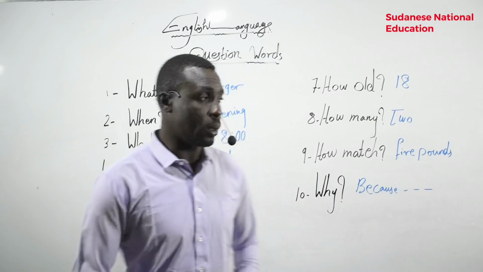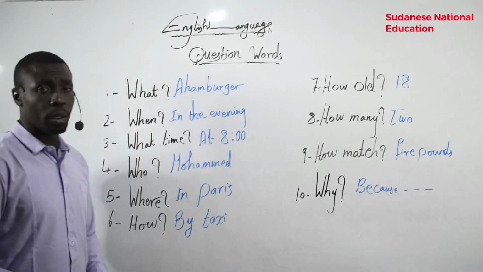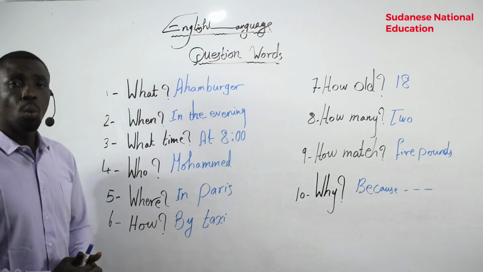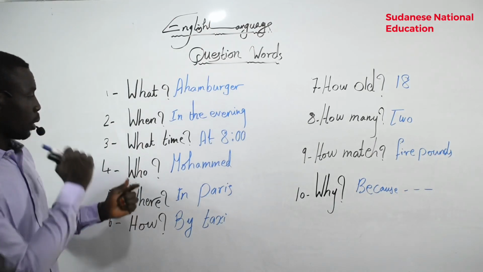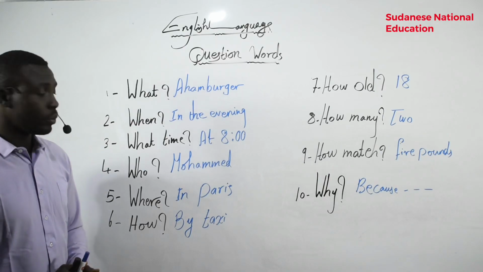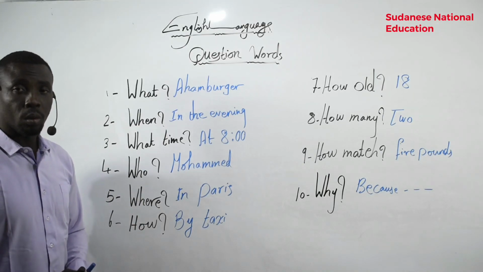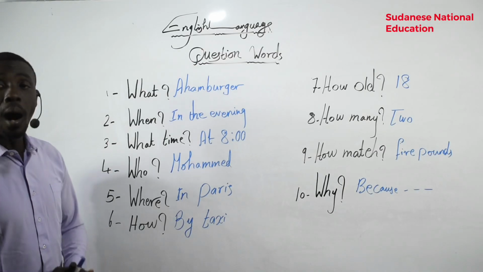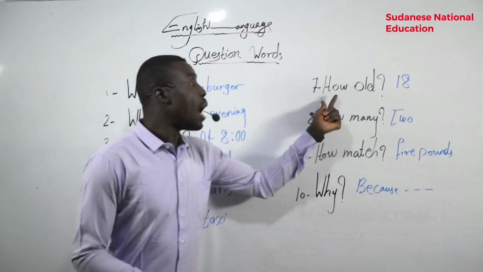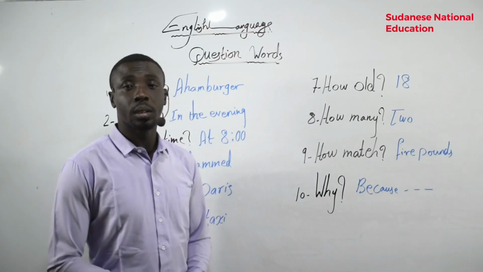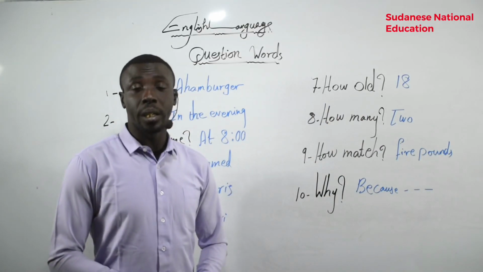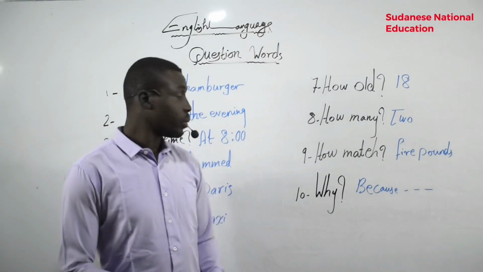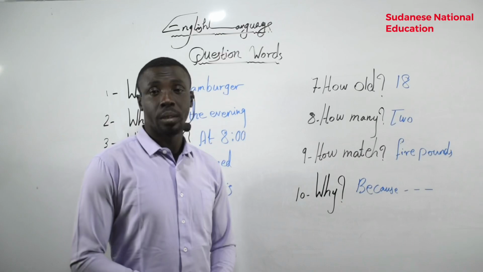Let's see these words. Number one, we have what, when, what time, who, where, how old, how many, how much, why.